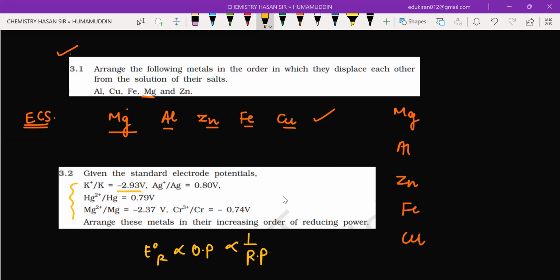So the answer will be potassium is the maximum, then comes your magnesium, then your chromium, and then comes your Ag. Ag will be the least reducing agent. Right, both of you? Yes, sir.